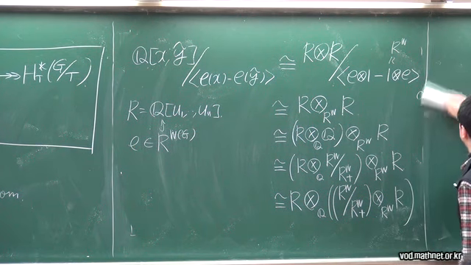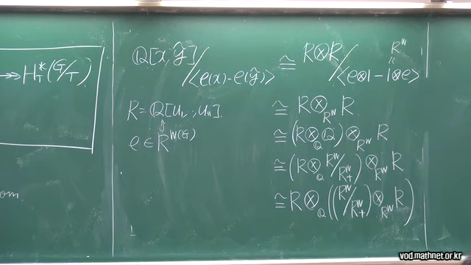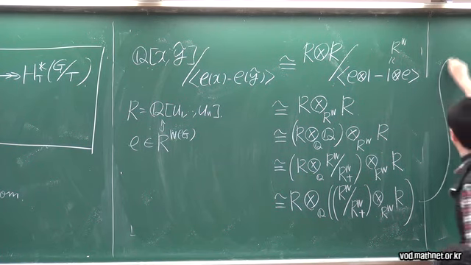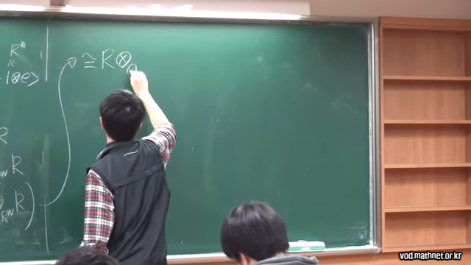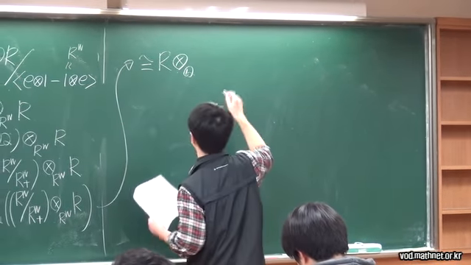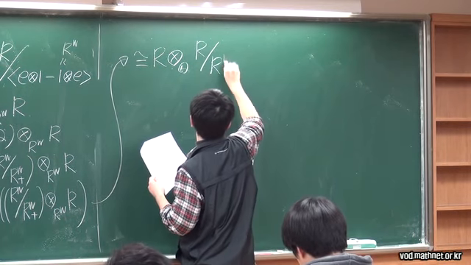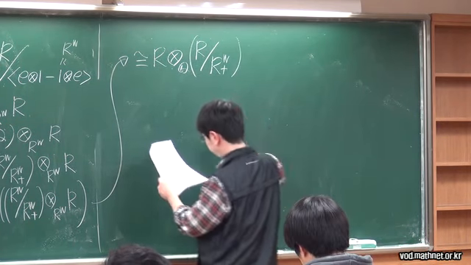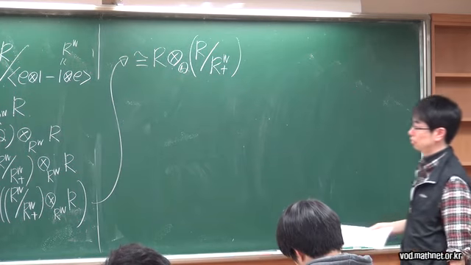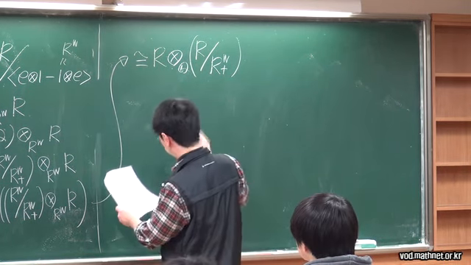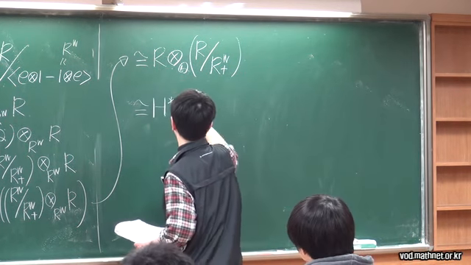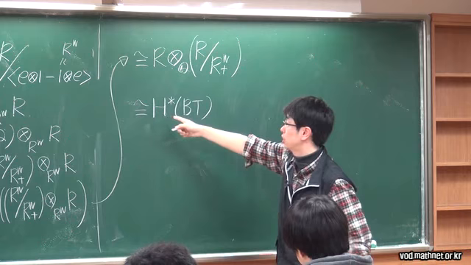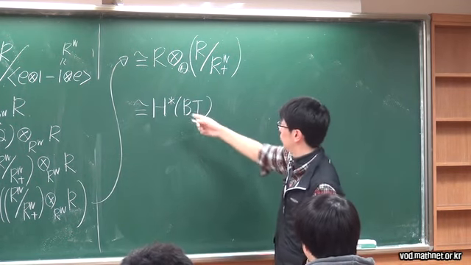And moreover, this part may be regarded as R tensor Q. And this part is nothing but like this, written like this. The positive part. Okay? This is just an easy tensor algebra. And what is this? We've already proved it. This polynomial ring is just the equivariant ordinary cohomology of the PT.